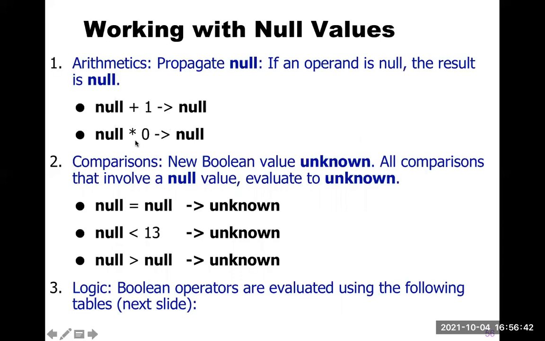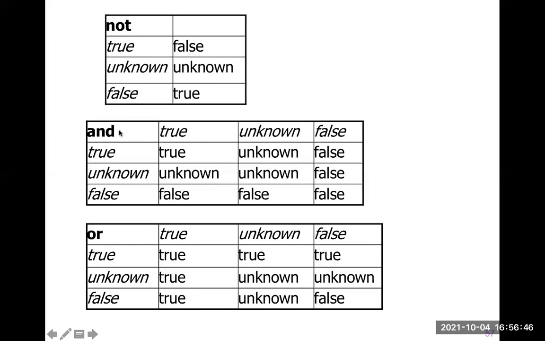In arithmetic, multiplication by 0 gives 0. And in the AND operation, if one of the operands is false, then be it true or unknown as the second operand, that can't lead us to anything but false.